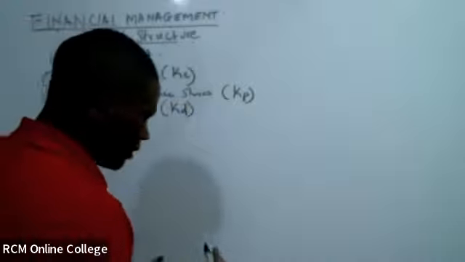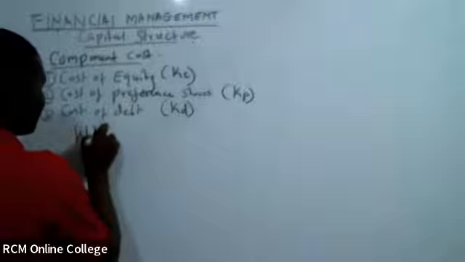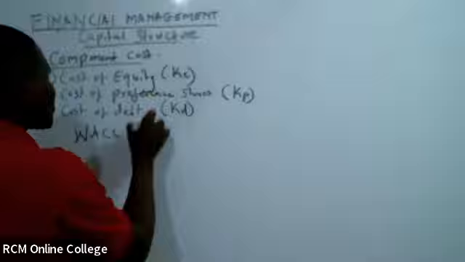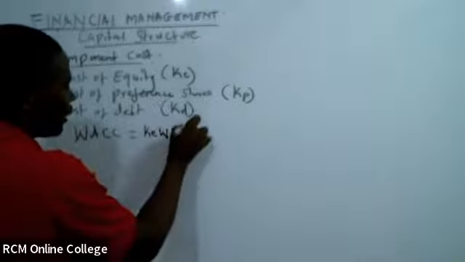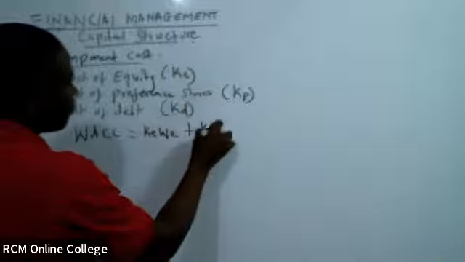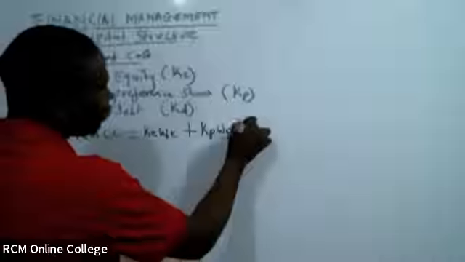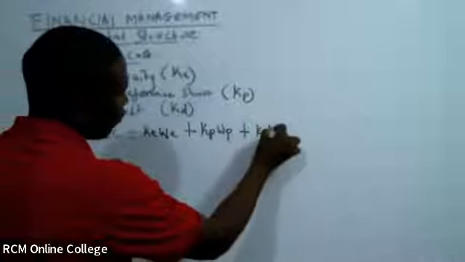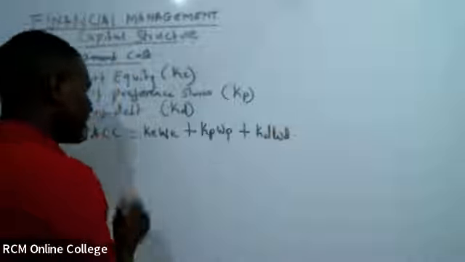To get the WACC or WMCC, which is the main thing here, WACC will be given by the cost of equity multiplied by weight of equity. You add the cost of preference share multiplied by weight of preference share, then you add the cost of debt multiplied by the weight of debt. So you will be required to have the three.